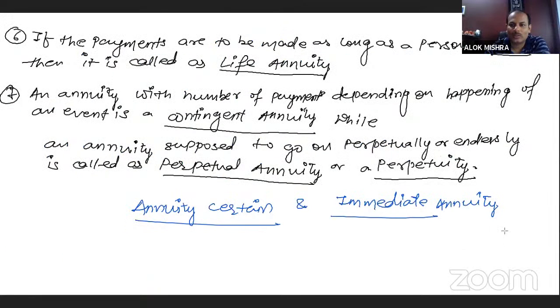Whatever I have underlined is basically the question. If the payments are to be made as long as the person is alive, then it is called as dash. So MCQ is basically fill in the blanks where the options are given to you. For our assessment, it will be MCQ, that is 4 options will be given, out of which you have to select. Is it clear, everyone?